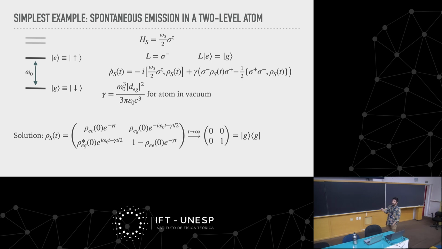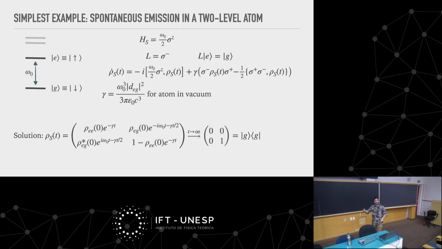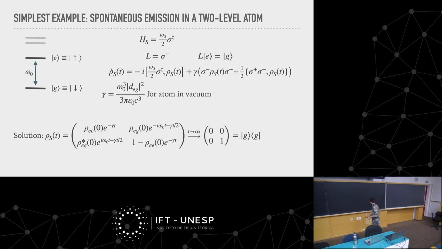Sure. For instance, if you imagine that you put your atom in an oven so that the electromagnetic field is at a finite temperature, you're going to have a second channel which looks like this, but with sigma minus and sigma plus swapped. The final outcome is going to be a thermal state of an atom, an incoherent superposition of ground and excited, a Gibbs state. This is still essentially an exponential approach.